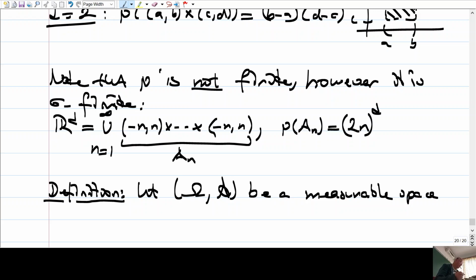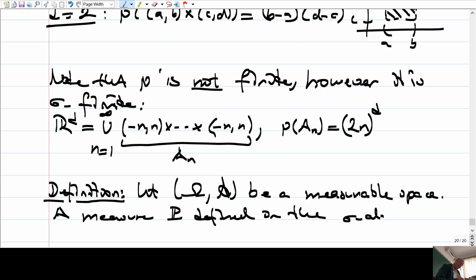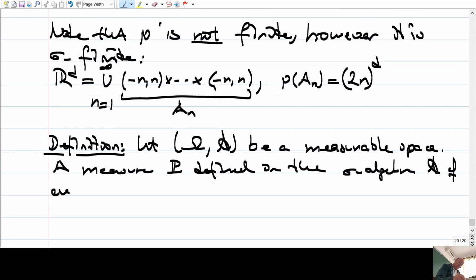So omega is a non-empty set and A is a sigma algebra on omega. A measure, let's say P, defined on the sigma algebra A of events, right? Elements of the sigma algebra are also called events.